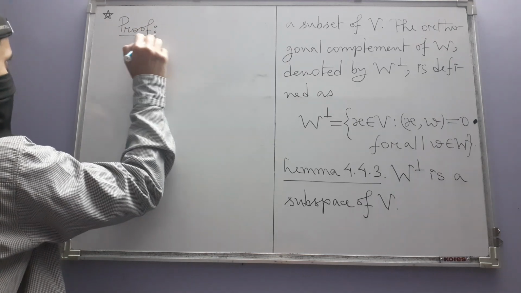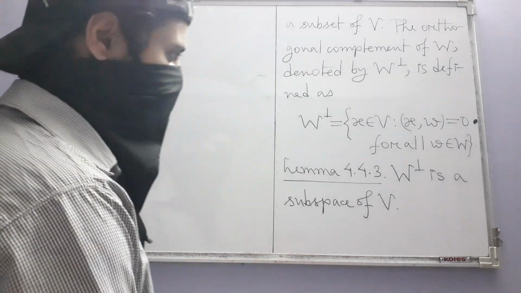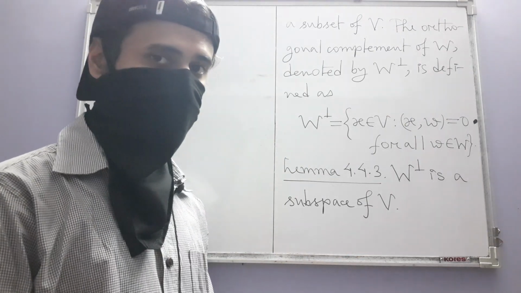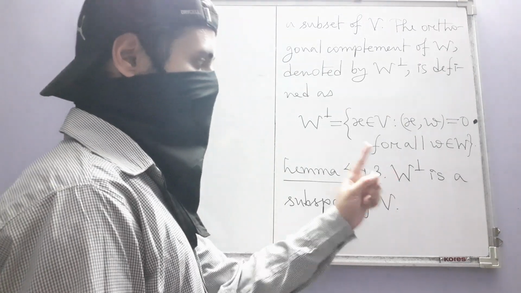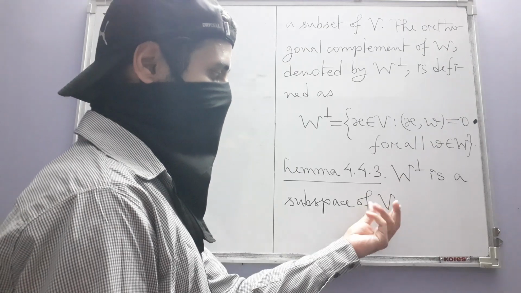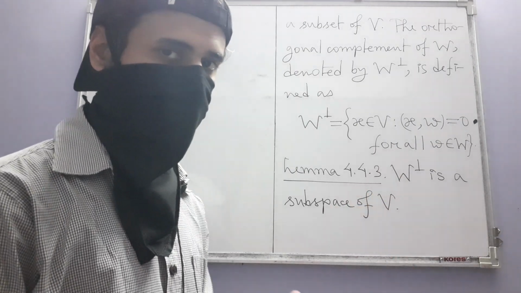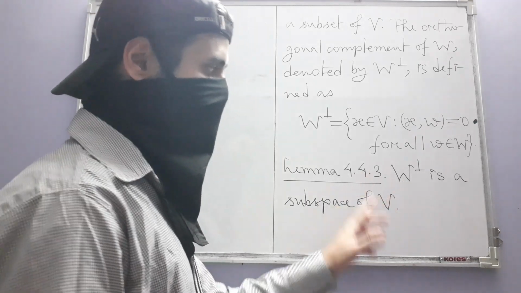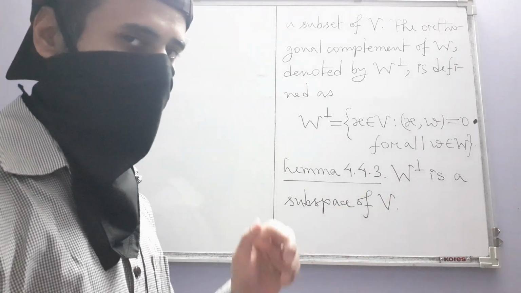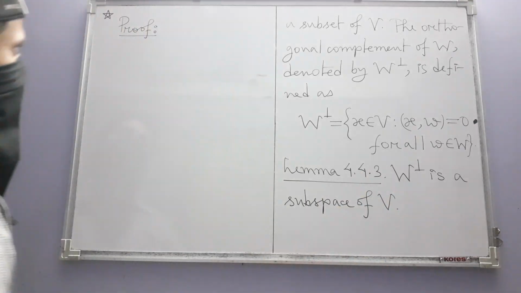So the proof has two parts. The first part is often overlooked but is very important. You have to first of all make sure, before you go for verifying the condition for a subspace, that the subset you are considering is a non-empty subset.